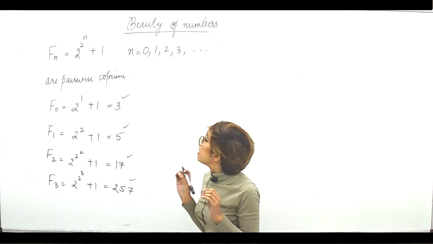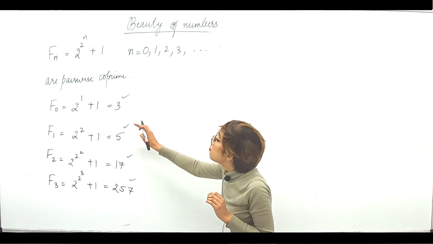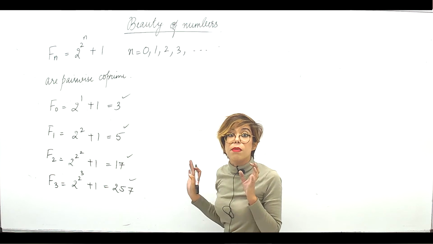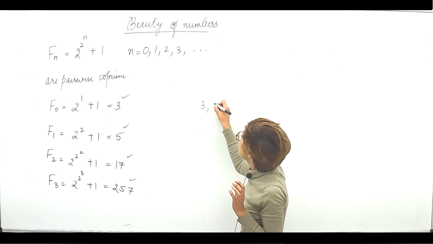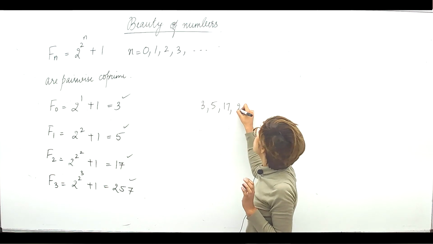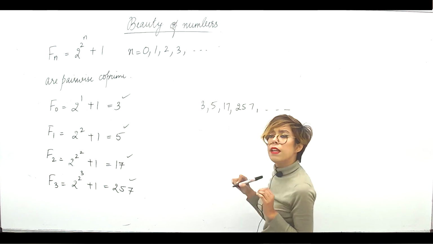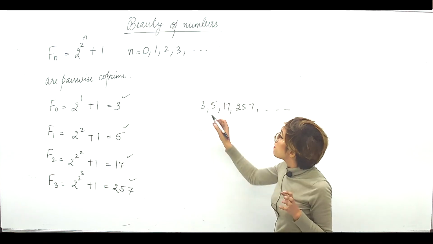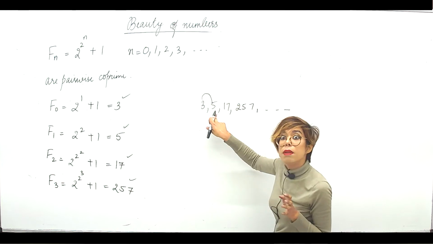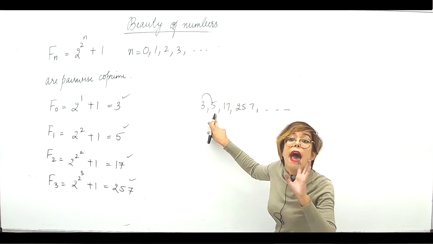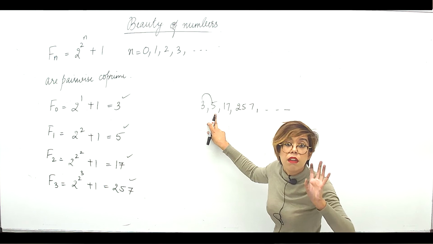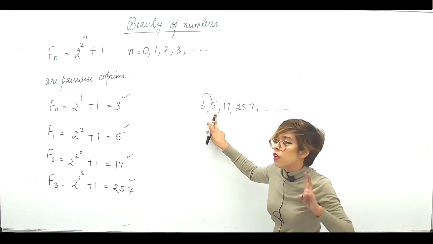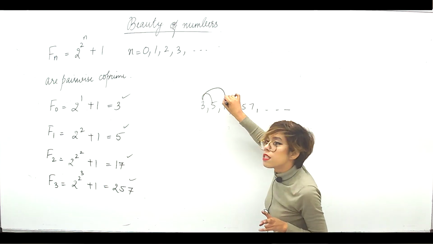He says that you need to prove that these numbers are pairwise co-prime. Now first of all, my numbers turn out to be 3, 5, 17, 257 and so on. Pairwise co-prime means if I take 3 and 5, they should be co-prime, as in they should not have a common factor greater than 1, as in HCF is 1. If I take these two, HCF should be 1.